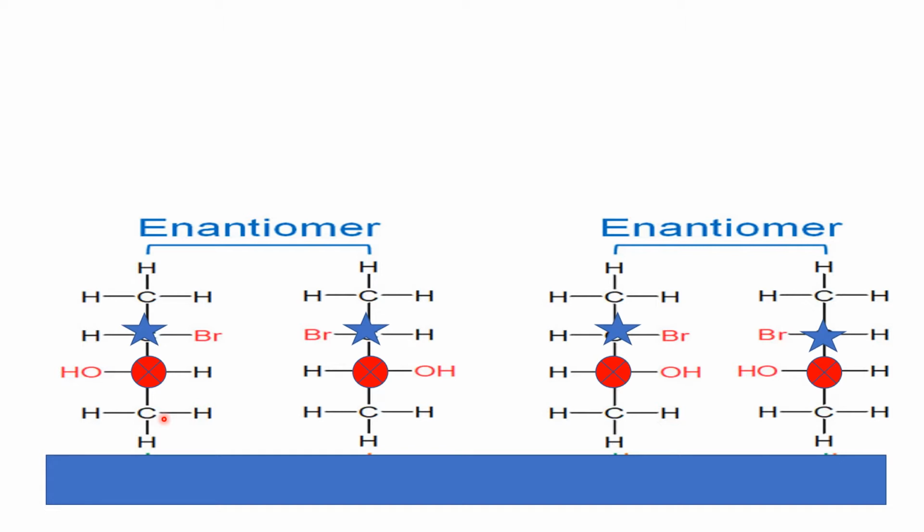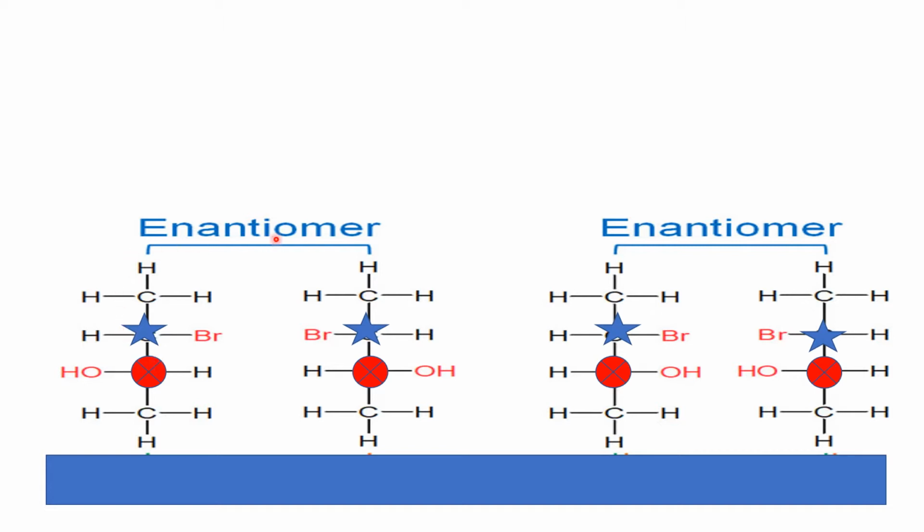So in this compound, the first and last carbon atoms are not asymmetric, but the second and third carbon atoms are asymmetric. As a result, the second and third carbon atoms could orient the groups attached to them in different planes, giving rise to optical isomers.